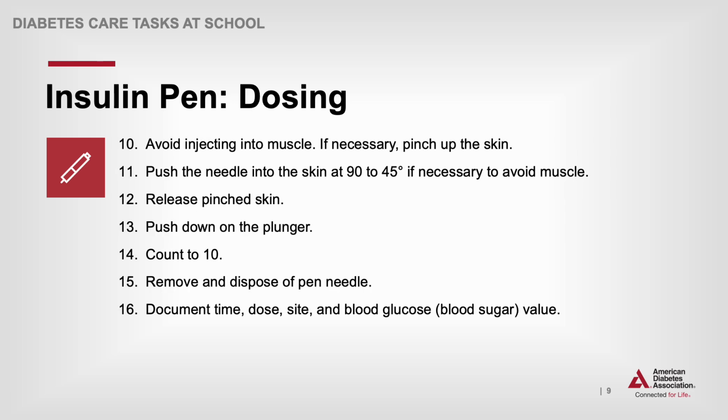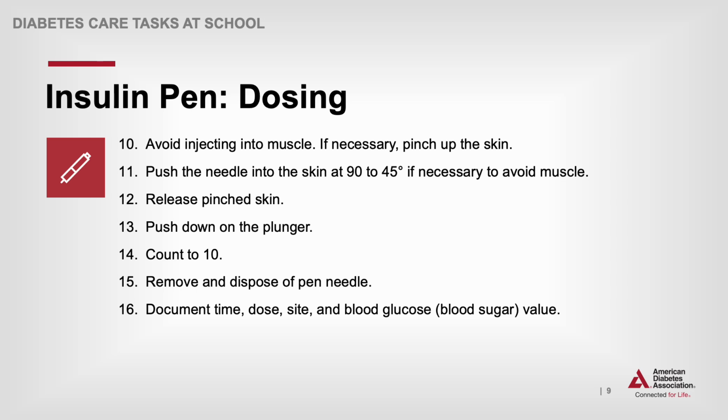Number 10, pinch up the skin if necessary to avoid injecting into the muscle. Number 11, push the needle into the skin at a 90-degree angle into the chosen injection site. A 45-degree angled approach may be recommended for lean students to avoid intramuscular injection. Number 12, release pinched skin.